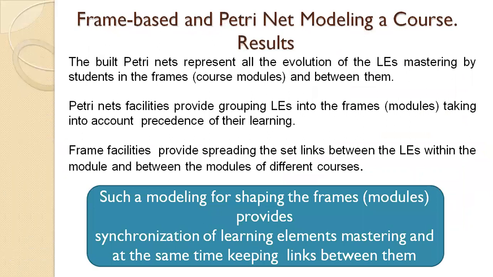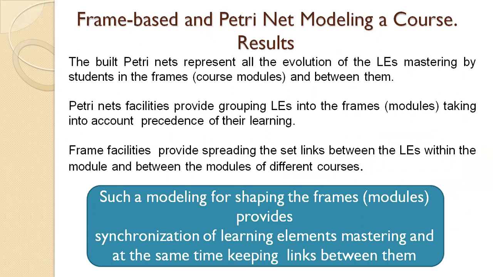So summarizing such an approach, we can say that the built Petri nets represent all the evolution of the learning elements mastered by students in the frames, which are in fact course modules, and between them. Petri net facilities provide grouping learning elements into the frames, taking into account precedence of their learning.